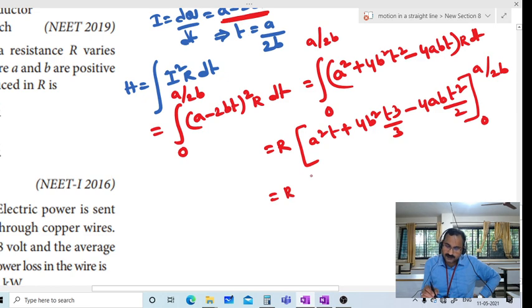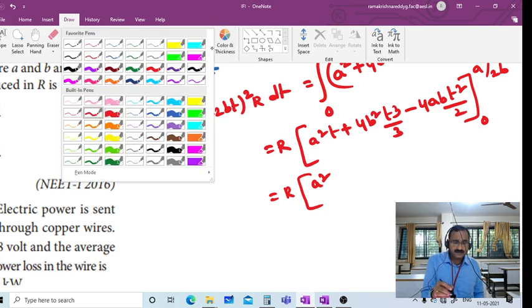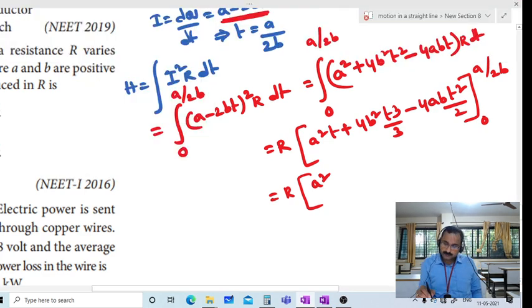That is R into A square into T, and T means A by 2B. See, there will be a little bit more calculation, actually. Plus 4B square into T cube by 3.